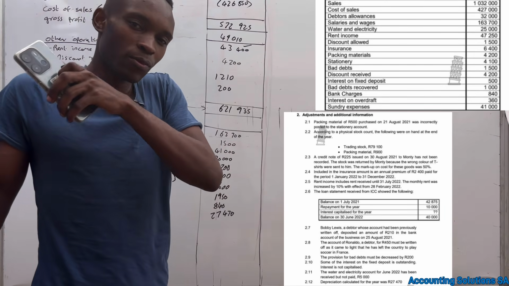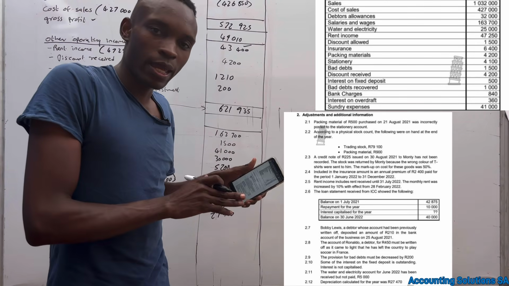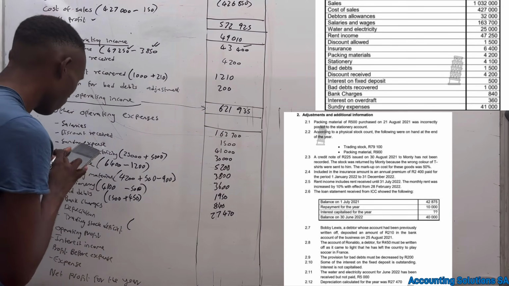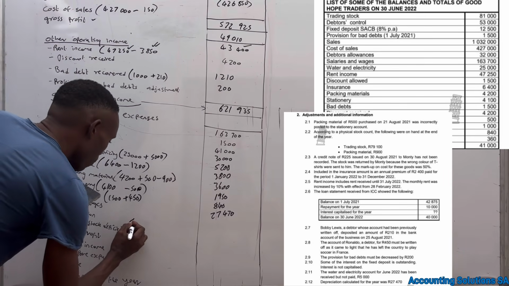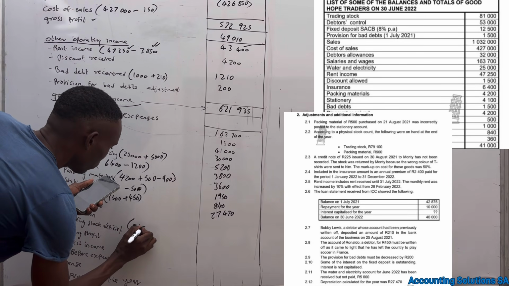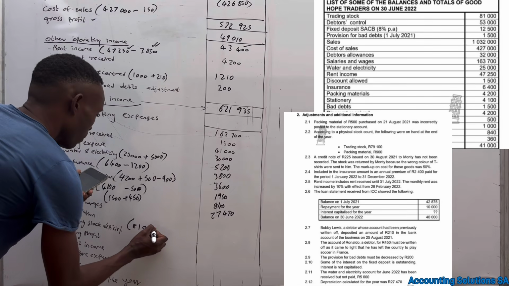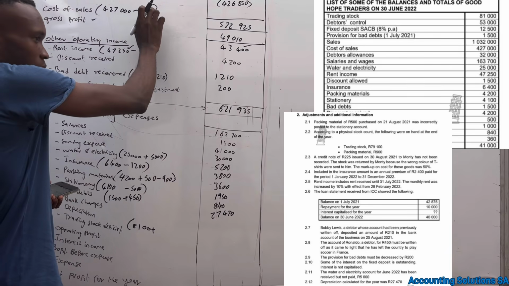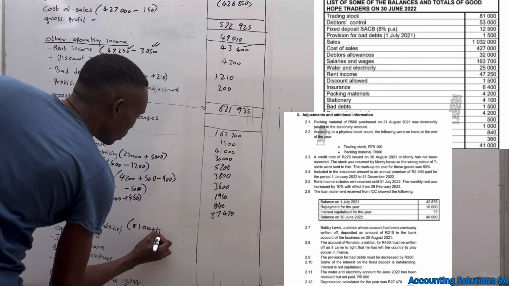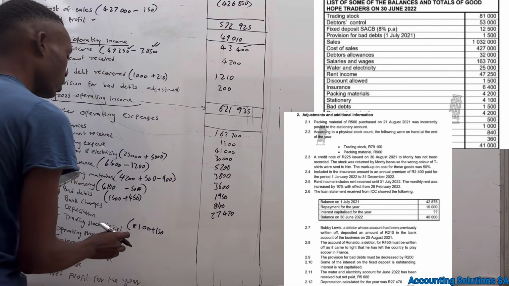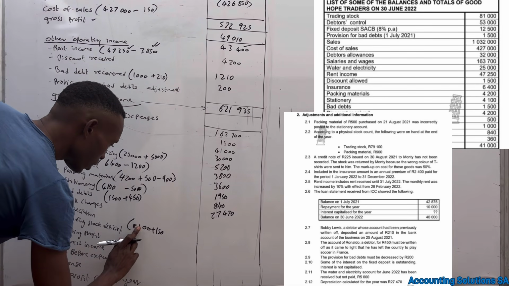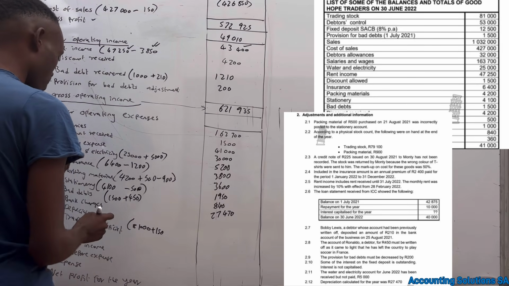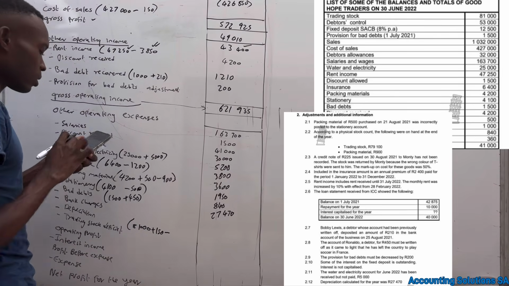Okay, and another one, we have to work out if we have any trading stock deficit. We compare the one for beginning and the one for the end. If it has decreased, there is a deficit. At the beginning we have an amount of 81,000, and remember we must first add the one that the customer has returned, because it cost us, of course, 150. Then we compare it with the balance at the end.